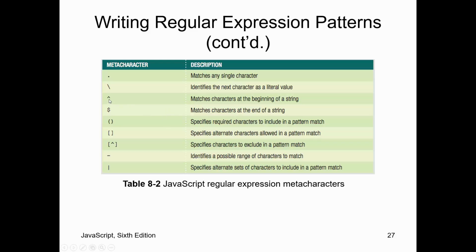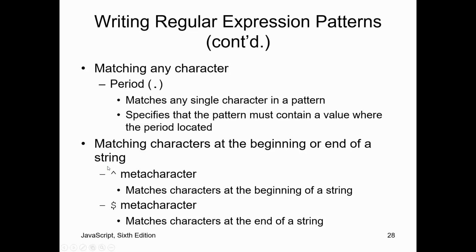The caret means starts with. The $ sign means ends with. Parentheses, it says, specifies required characters. Brackets specify alternate characters. Brackets with a caret inside mean exclude. The - sign can be used for a range, and the pipe sign can be used for sets.